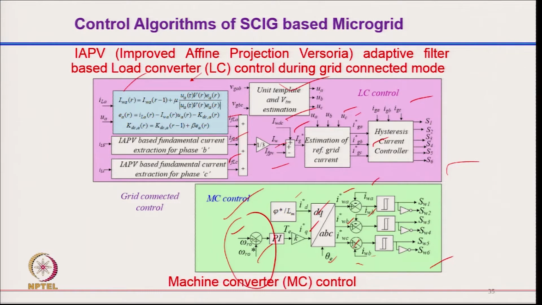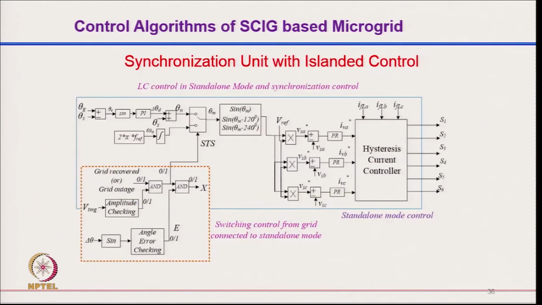So power quality is improved on both sides. Typically, when the grid is recovered, synchronization takes place by floating the angle of the grid side converter towards the grid, and once it comes close, you can close the switch. Otherwise, it operates in islanding mode with a proportional resonant controller, which has zero steady-state error even with sinusoidally varying current.